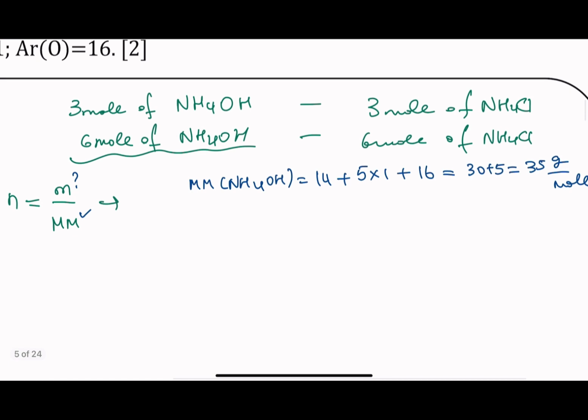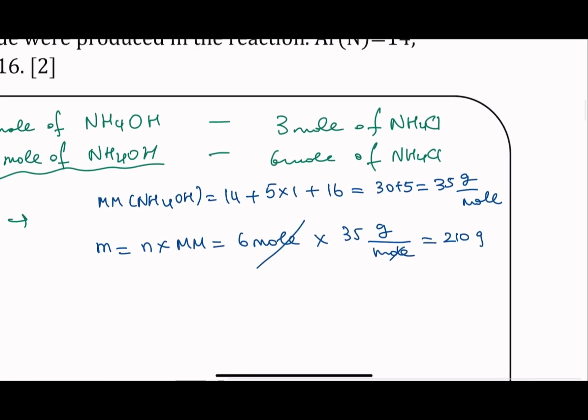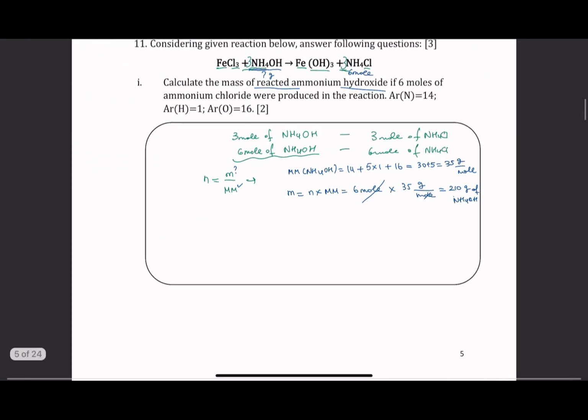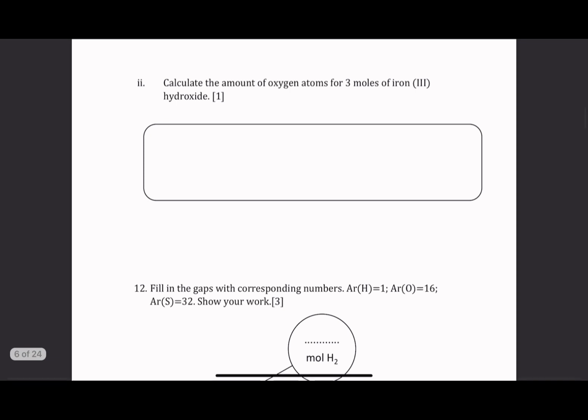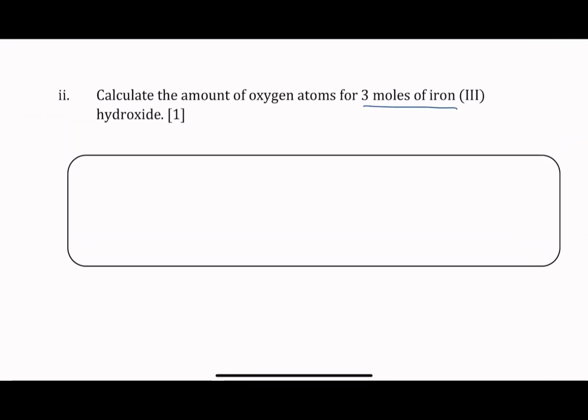And then you have m equals n multiplied by MM, and this would be 6 mole multiplied by 35 gram per mole, and the mole cancels out: 210 gram of ammonium hydroxide. And that's the answer.